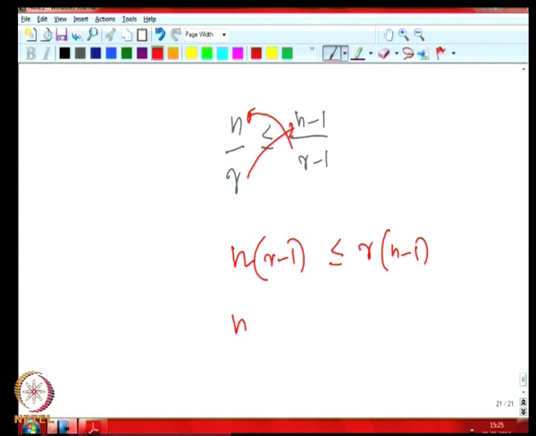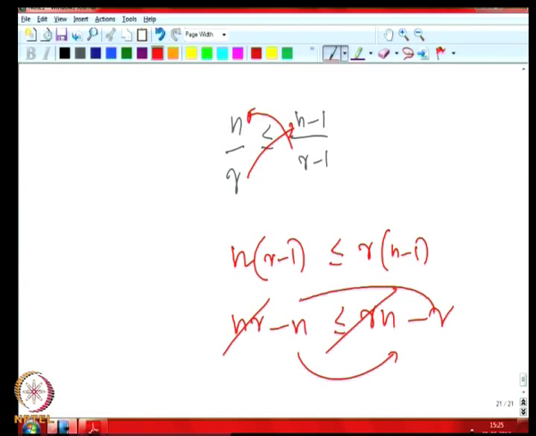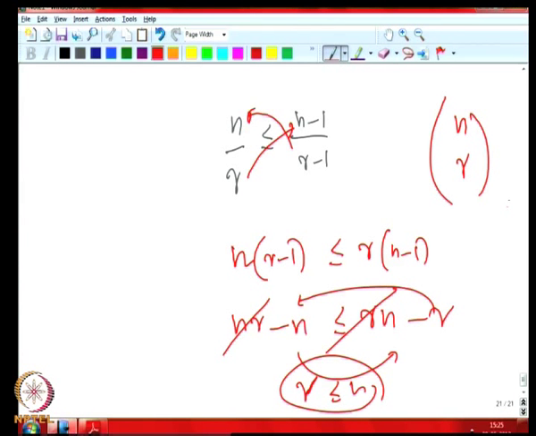So this is nr minus n is less than or equal to nr minus r. Cancel this off, and this holds if r is less than or equal to n. Yes, it is, because whenever we say n choose r, we mean r is less than or equal to n.